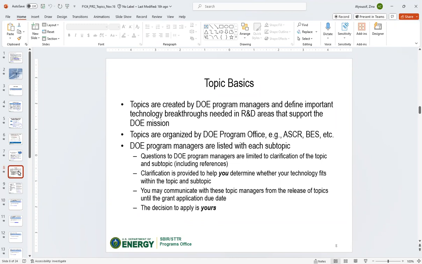What we ask you first to do is to read the topic, subtopic, and reference information that is provided to get a little more context as to what the topic managers are looking for. When you do get in touch with the topic managers, it is for clarification purposes.